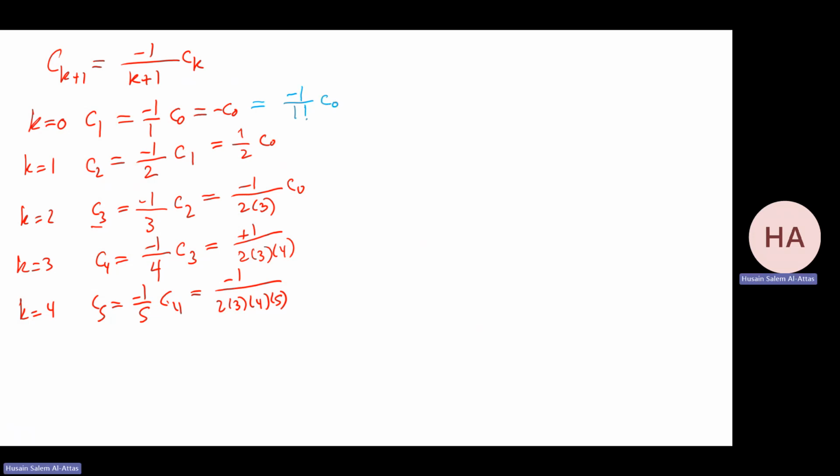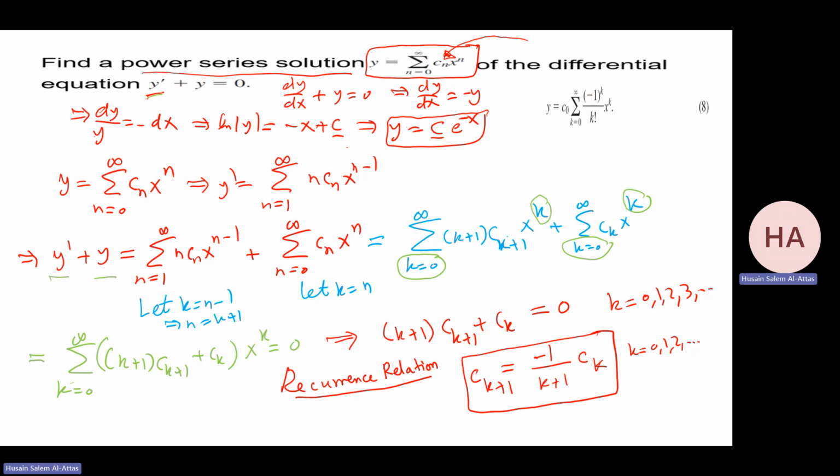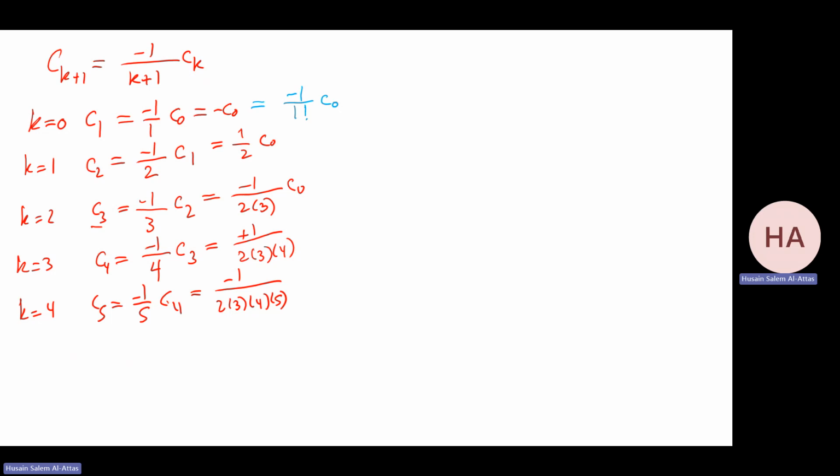In this example, I will try to write the solution in terms of a function. Since I know it will be e to the power -x, I will try to get this e to the power -x. By the way, without that, what will be my solution?